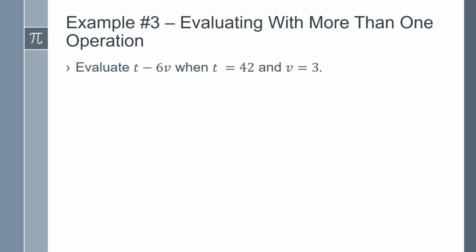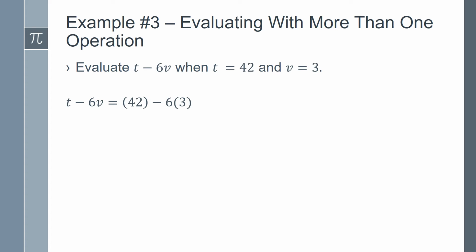For this next example, we will take a look at our first expression containing more than one operation. In this case, we need to evaluate t minus 6v when t equals 42 and v equals 3. So we start with t minus 6v equals 42 minus 6 times 3.